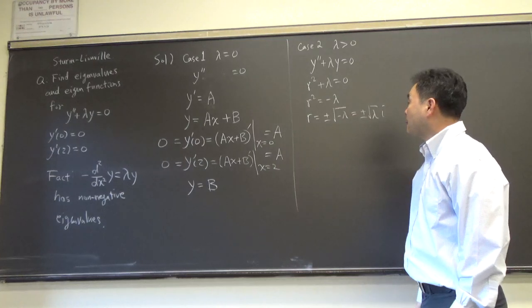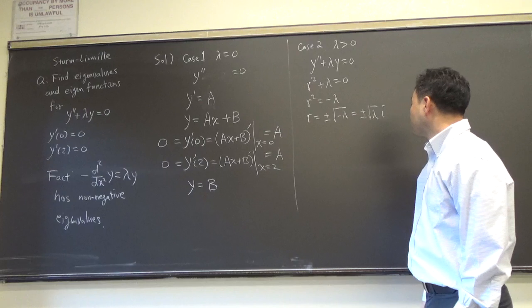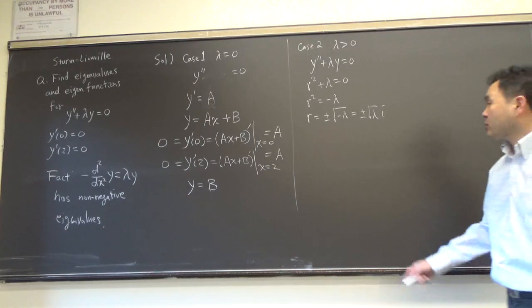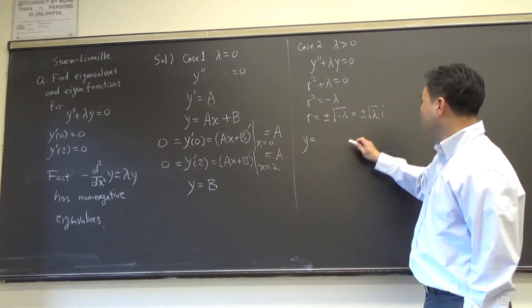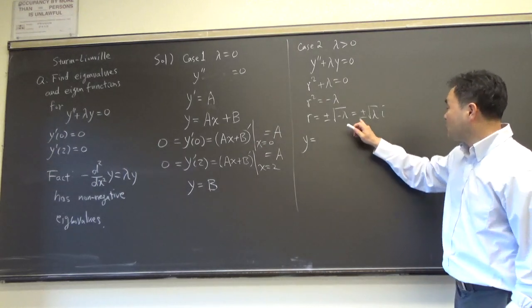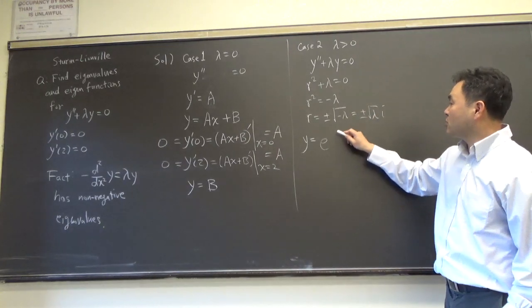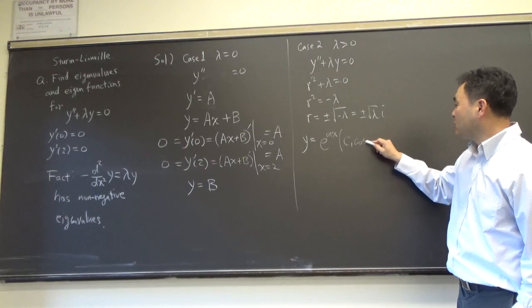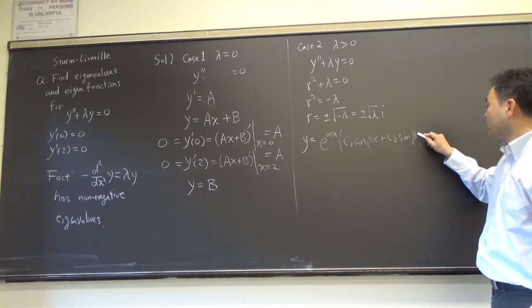And then we have, okay, that means y is equal to, well, the general formula is if you have alpha plus minus beta i, then it's e to the alpha x, then c1 cosine beta x plus c2 sine beta x.